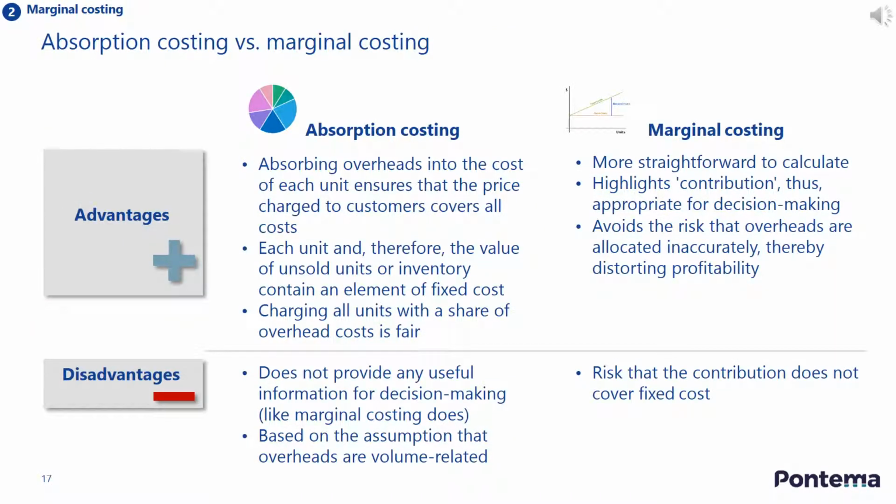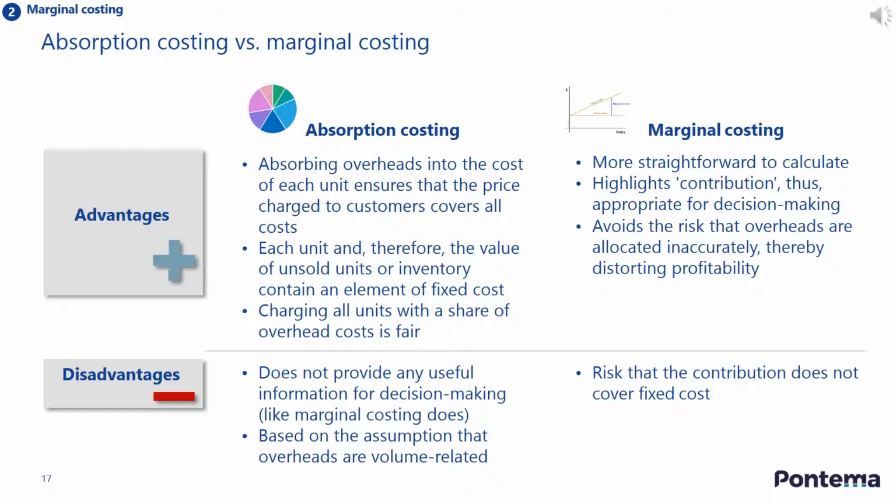When comparing absorption and marginal costing, each method has its own advantages and disadvantages. With absorption costing, the cost of each unit ensures that the price charged to customers covers all costs, meaning each unit includes an element of fixed cost.